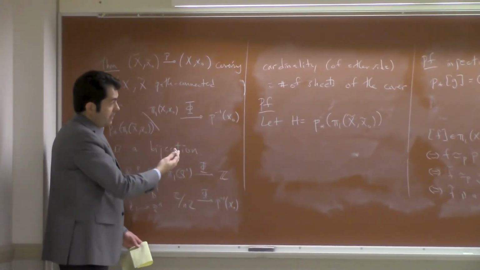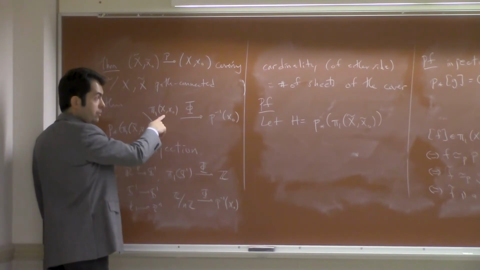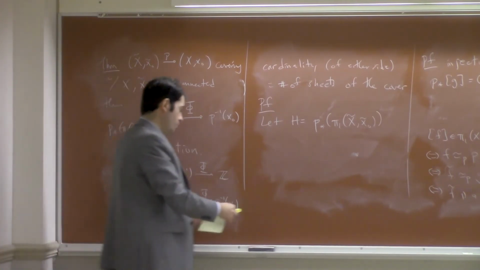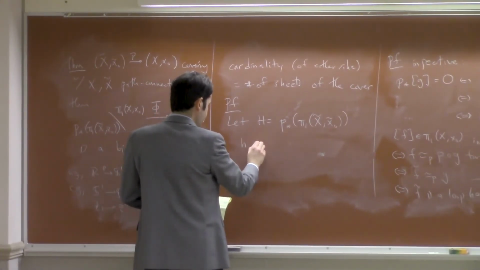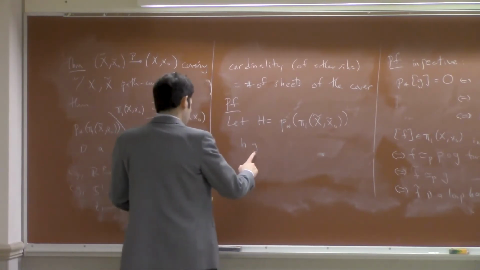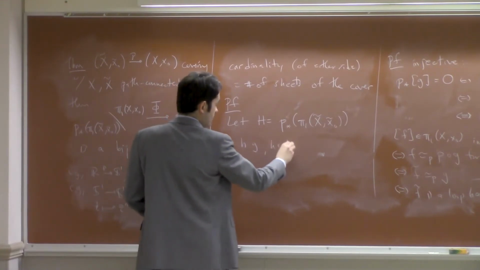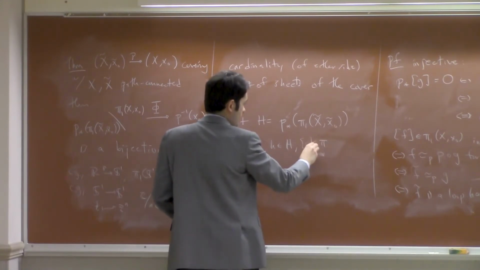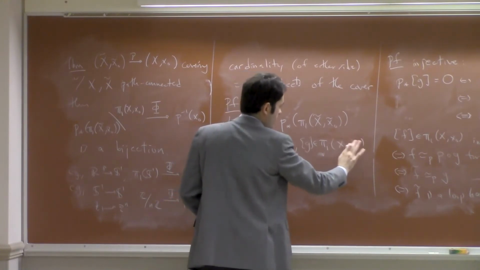So the cosets look like something in this group multiplied by something in H. So let's say I have h times g, with h in H, and g the homotopy class of g, an element of the fundamental group.